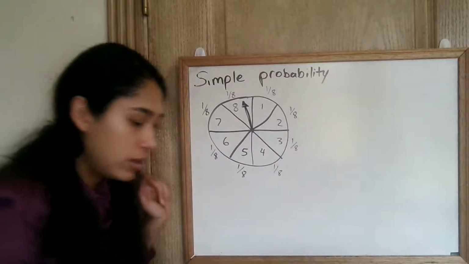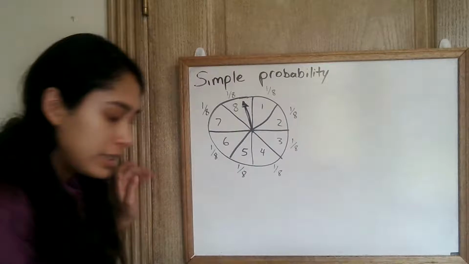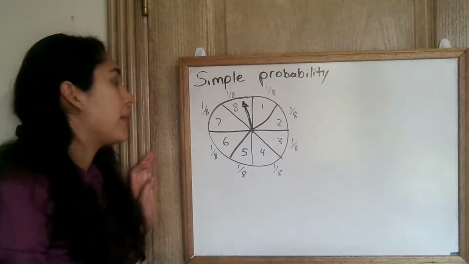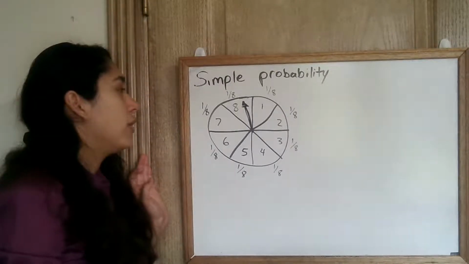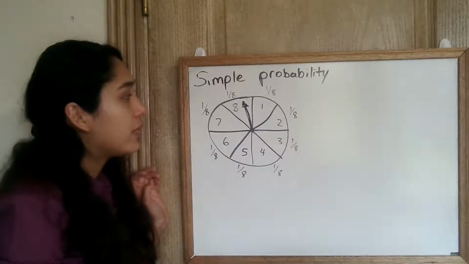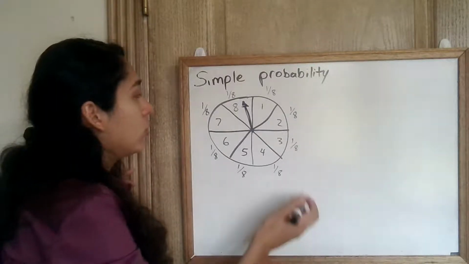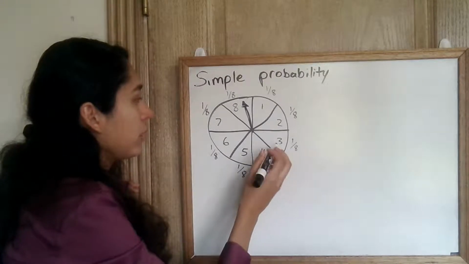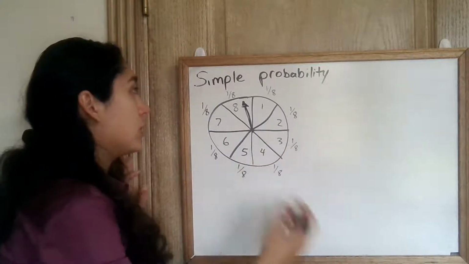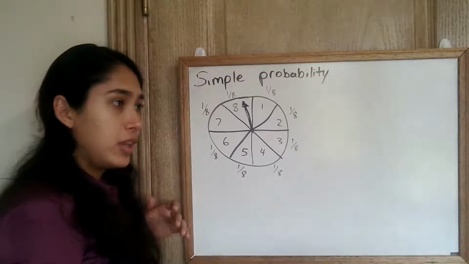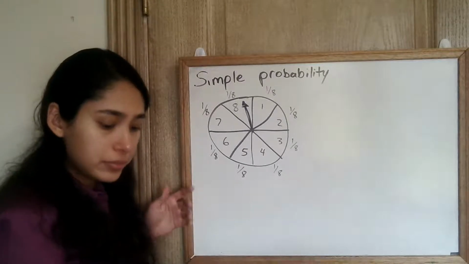Now, okay, easy enough. Let's say that you are being competitive and you want it to fall on only certain numbers. This is very much like people who are trying to play the lottery.